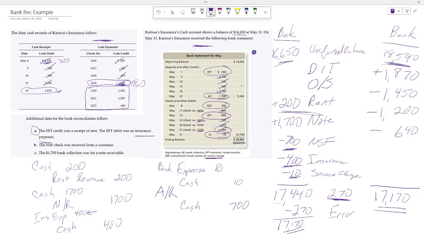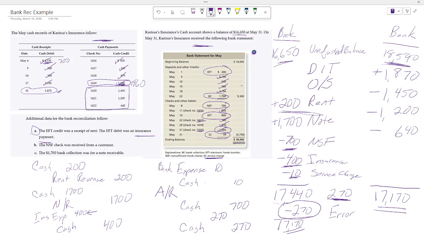All right, let's look at this error now. Errors don't have a set template per se for the journal entry. In this case, we know we have to reduce cash, so we will credit cash $270, but where does it go? This really has to do with where it originally came from. What was the original journal entry that we are trying to fix?